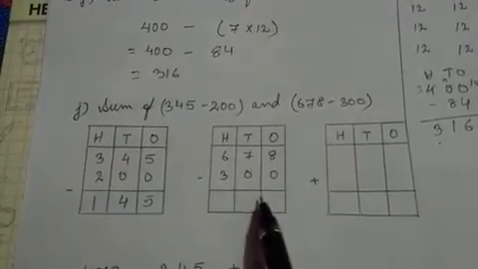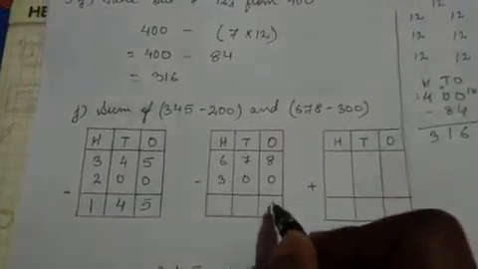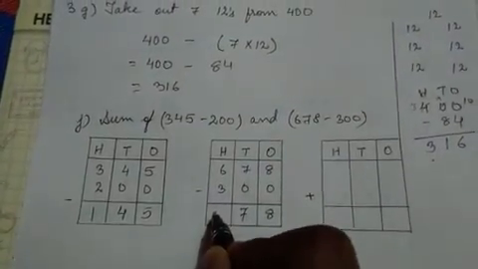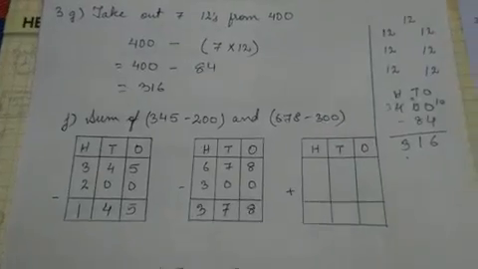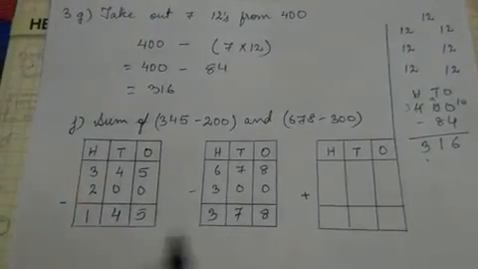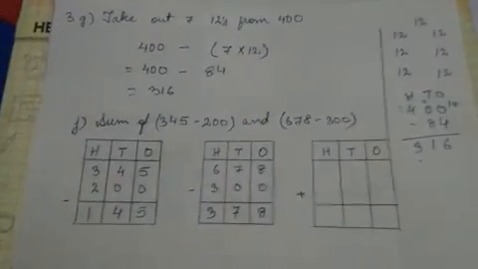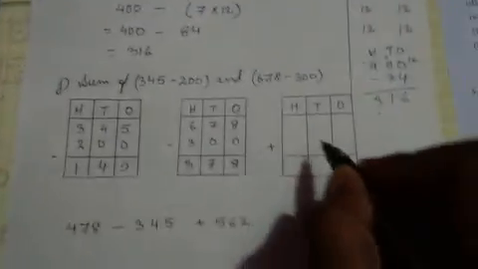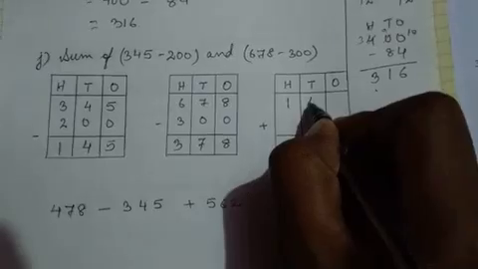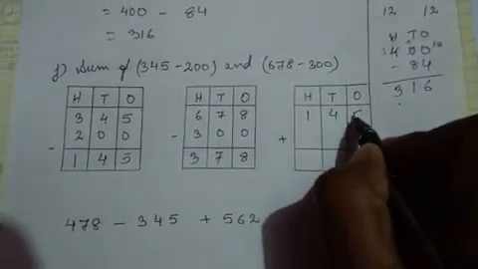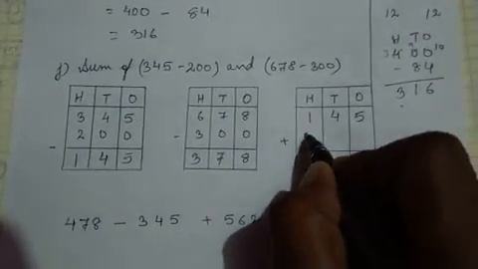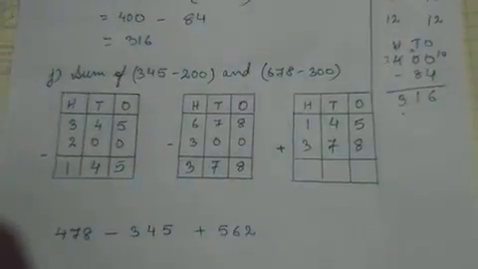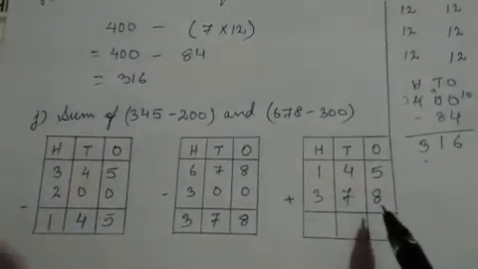I have written here 8 minus 0 is 8, 7 minus 0 is 7, 6 minus 3 is 3. So we have got two numbers here, and we need to find the sum. So the sum is 145 and 378. Okay, we need to add both.